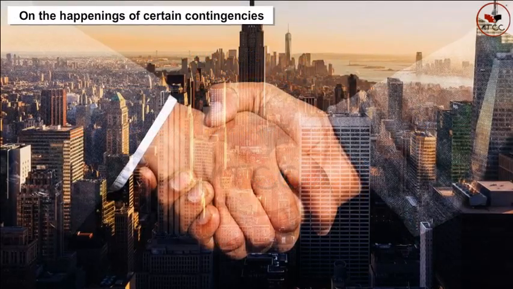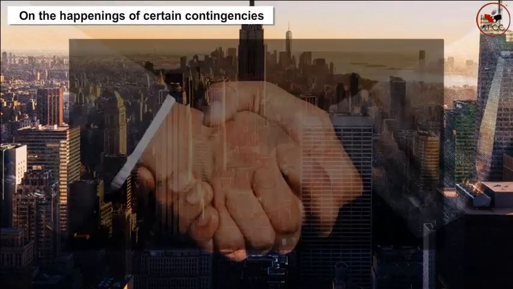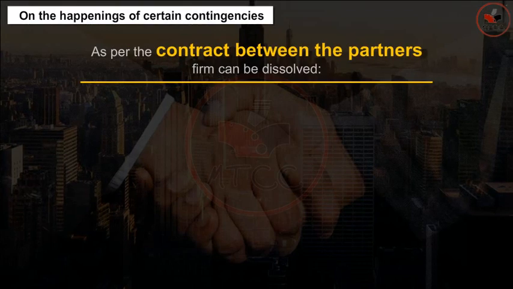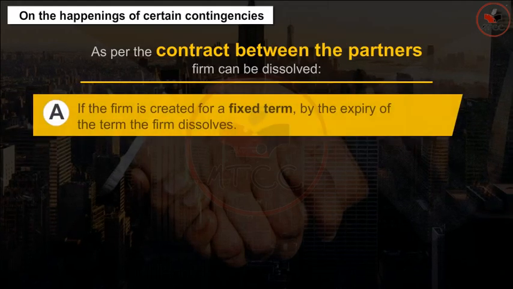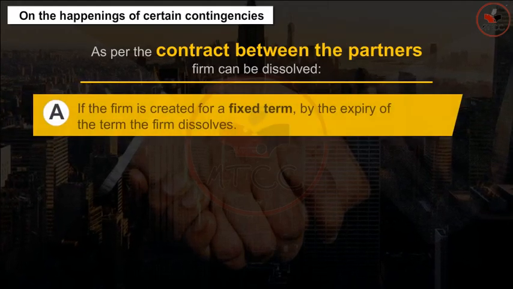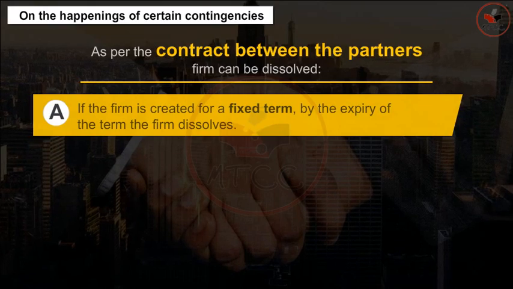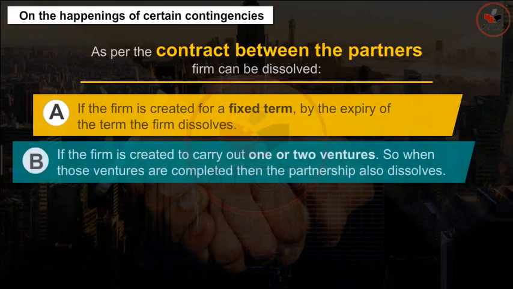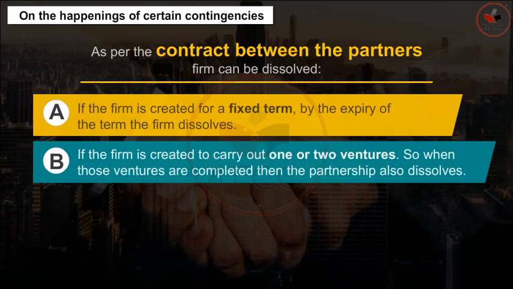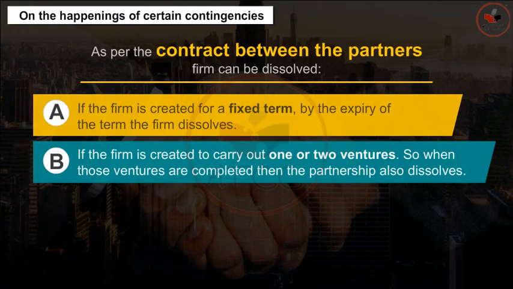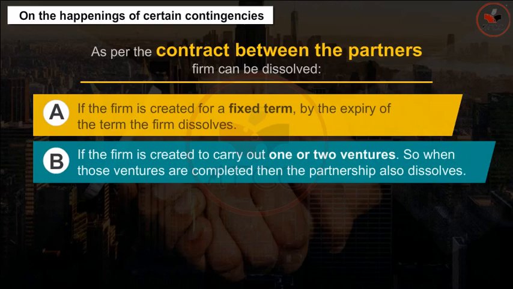On the happening of certain contingencies. As per the contract between the partners, a firm can be dissolved. A. If the firm is created for a fixed term, by the expiry of the term, the firm dissolves. B. If the firm is created to carry out one or more ventures, when those ventures are completed, the partnership also dissolves.